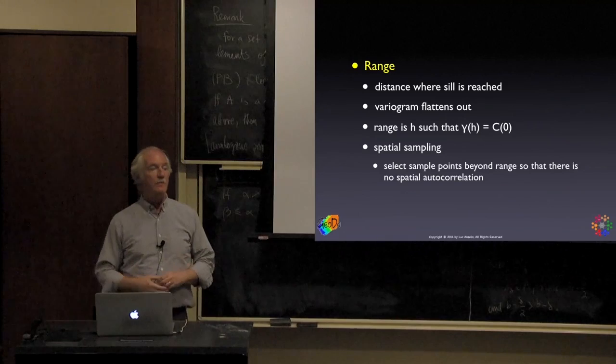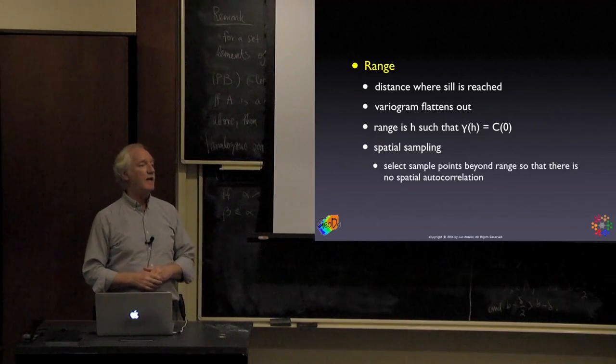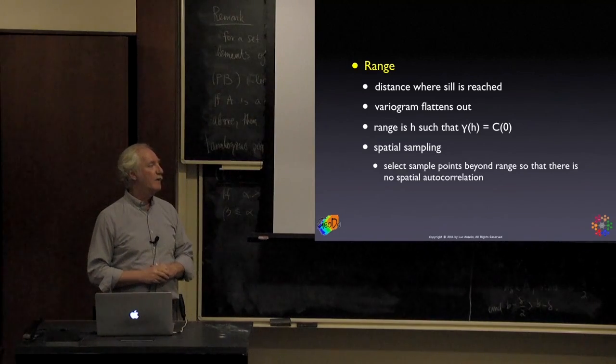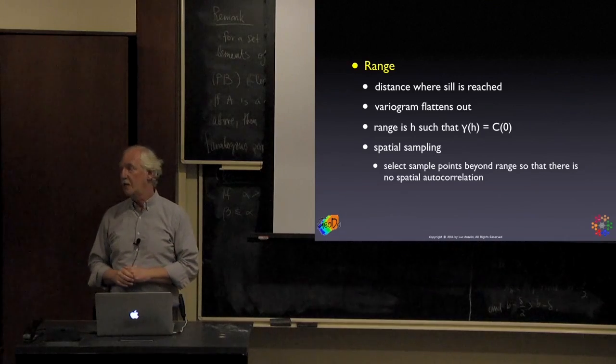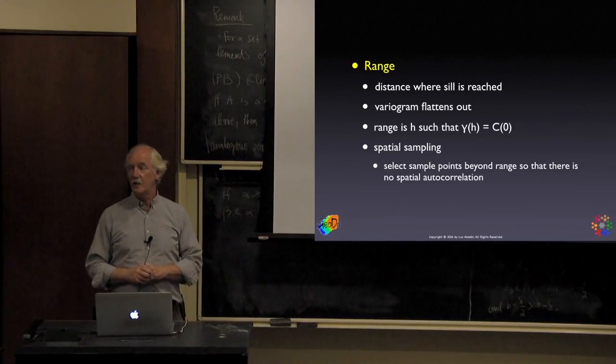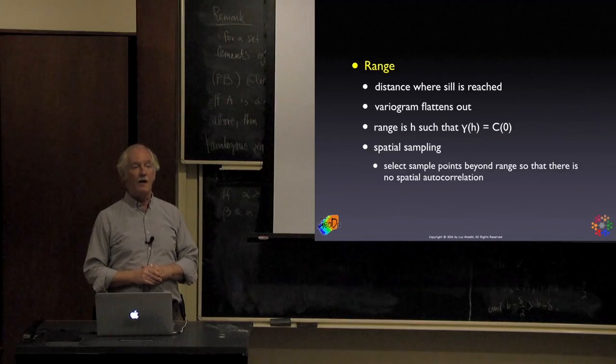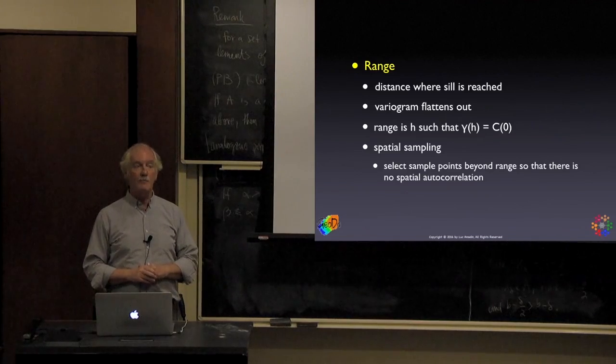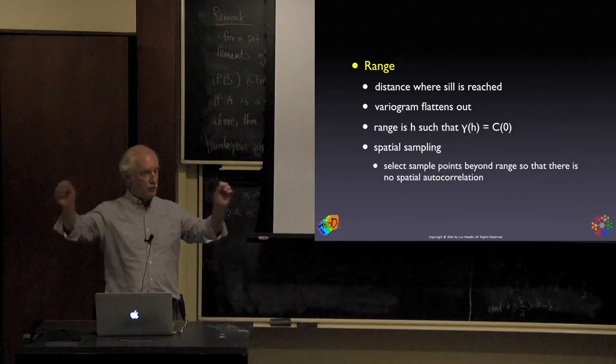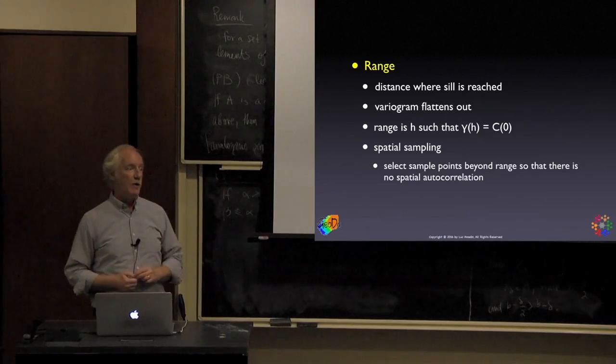The important implication of this, and we talked about this already in the context of the Covariogram, is that if you're interested in designing a spatial sample where the sample points are not spatially correlated, you make sure they're further than the range apart.